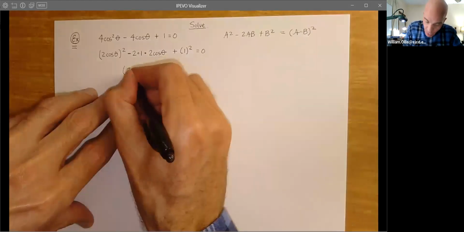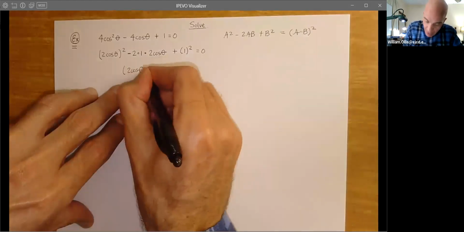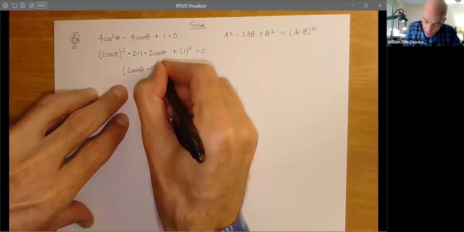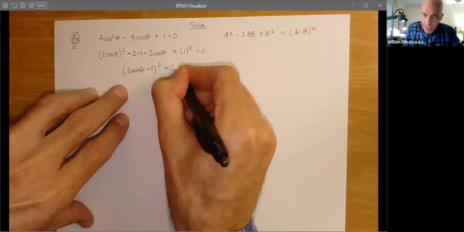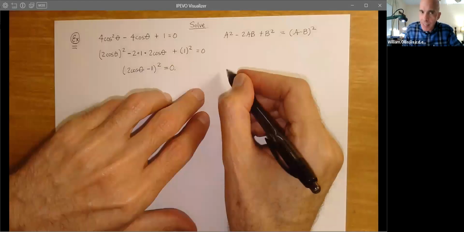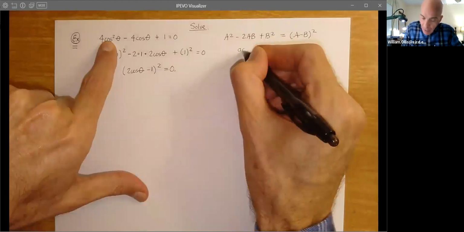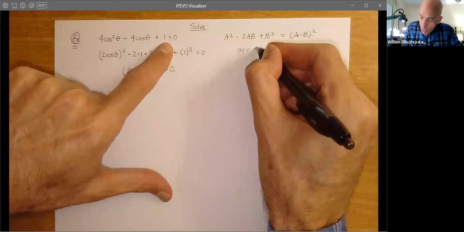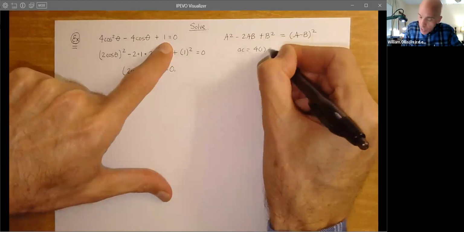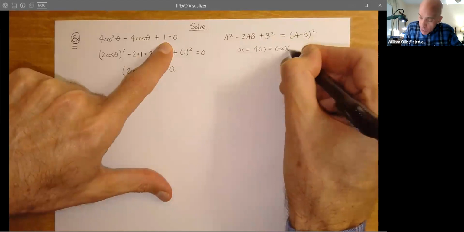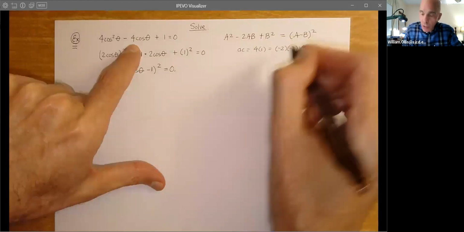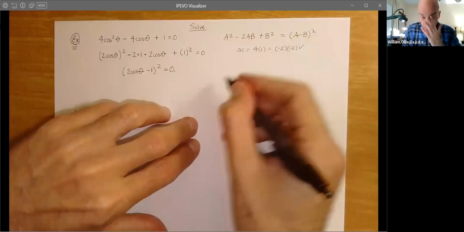So this is just (2 cosine theta minus 1) quantity squared equals 0. Now, of course, if you didn't see that, it doesn't matter, AC lemma will still work. If you did AC, this will be 4 times 1, which you can just write as the product of -2 and -2, and that'll give you the -4 there. So this will do the same.